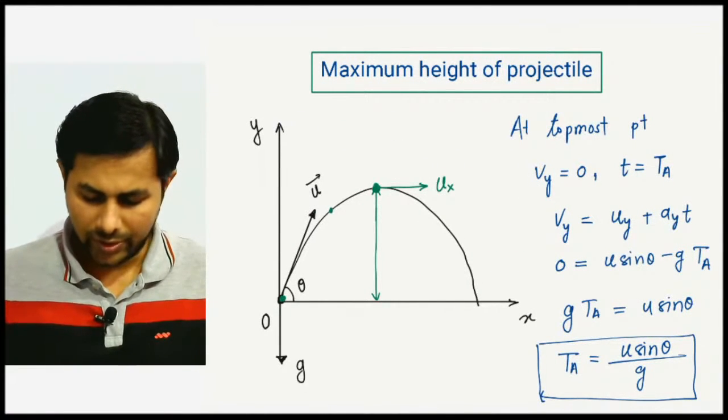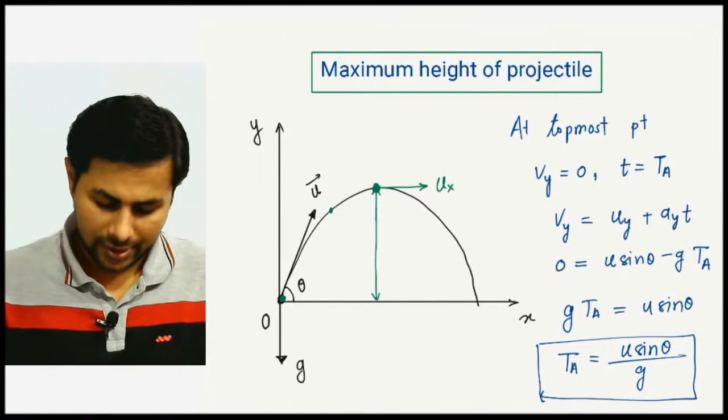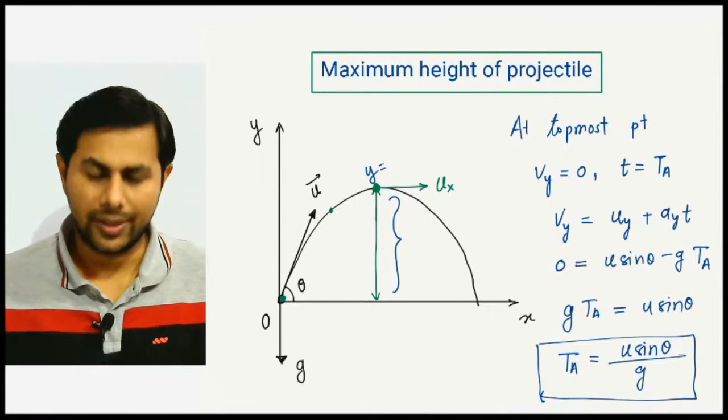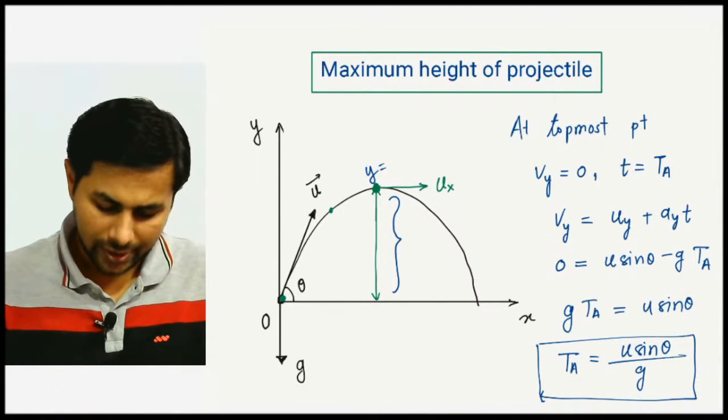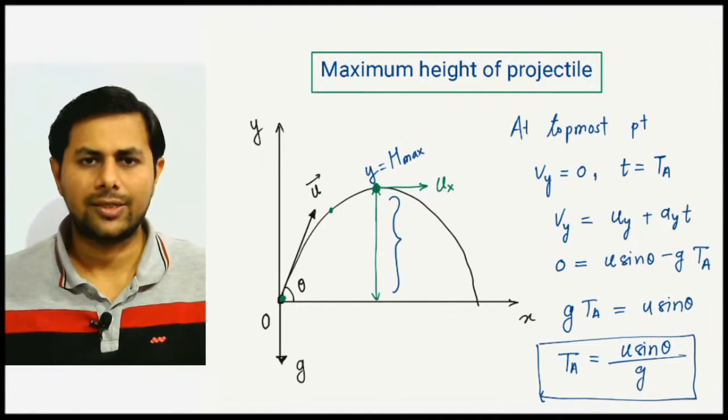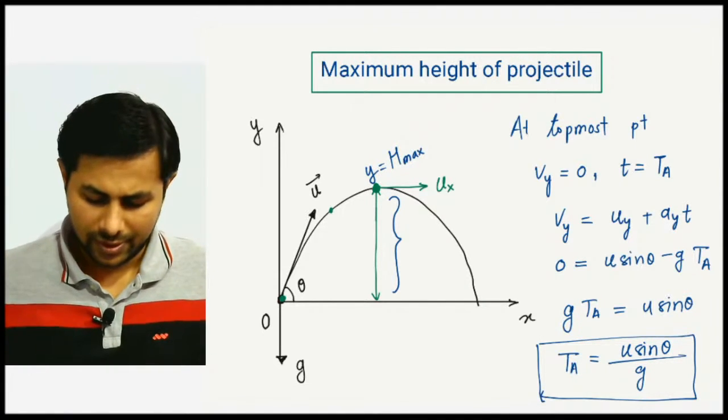So now at topmost point, y will be equal to this much. Okay, so it is equal to the maximum height h max of the projectile.